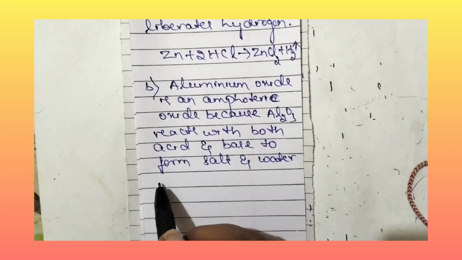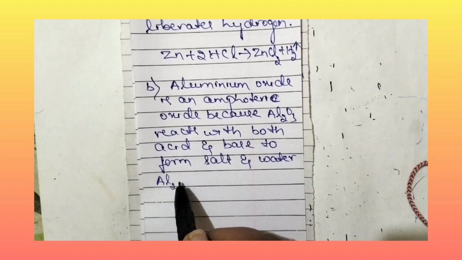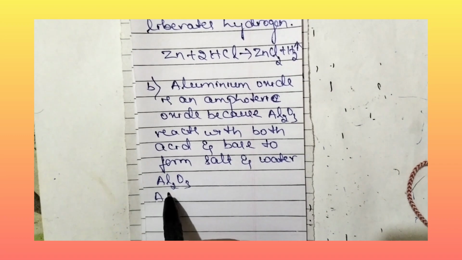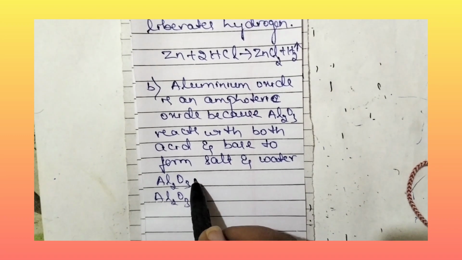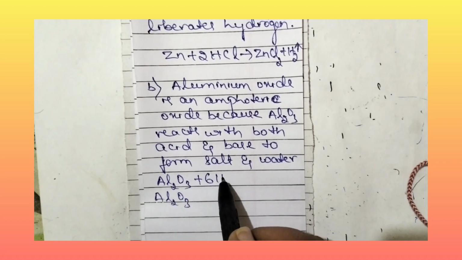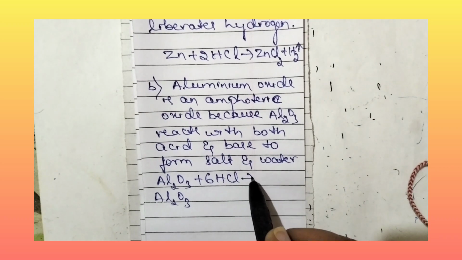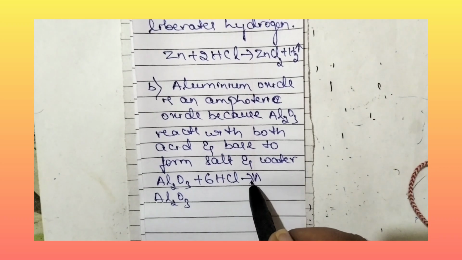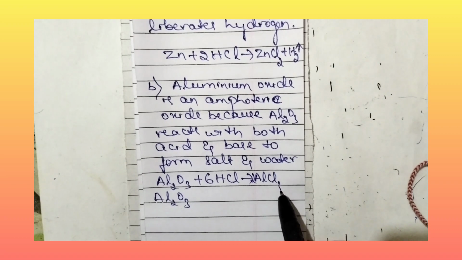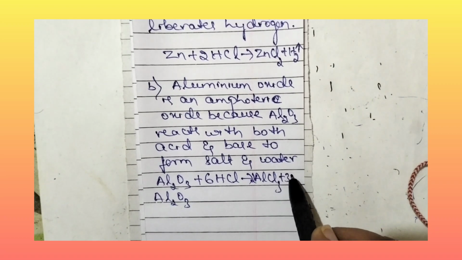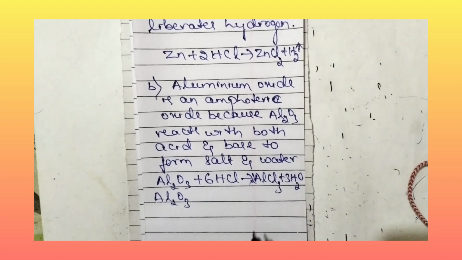Now let us write the equation. Al2O3, aluminium oxide, reacts with hydrochloric acid to form 2AlCl3 plus 3H2O. This is salt and this is water.